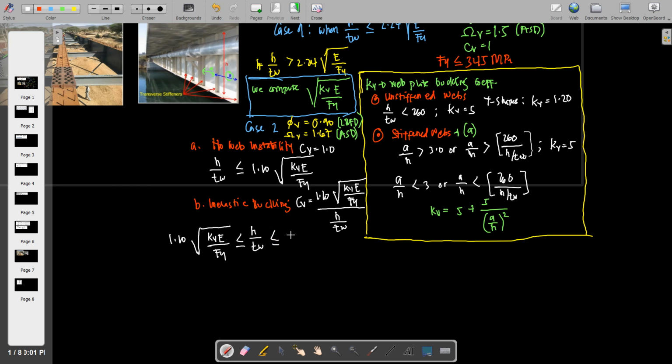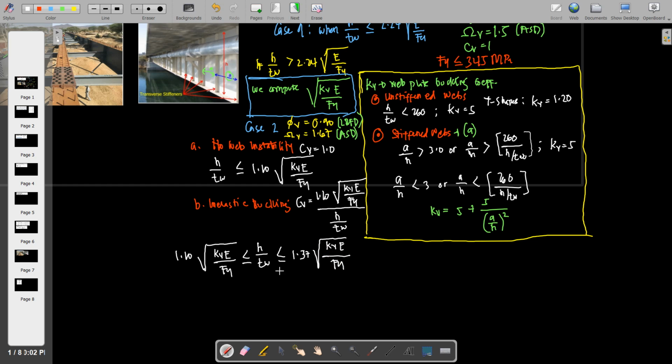For this, we have 1.37 of square root, yun pa rin, ito pa rin, KV E all over Fy.